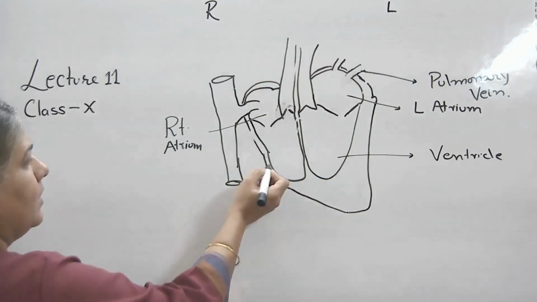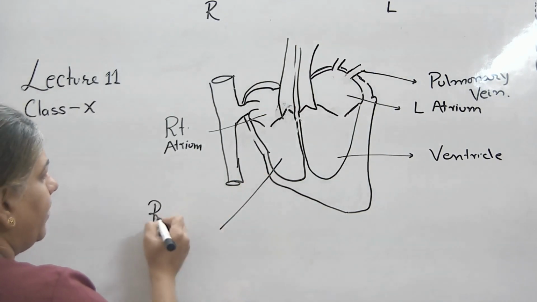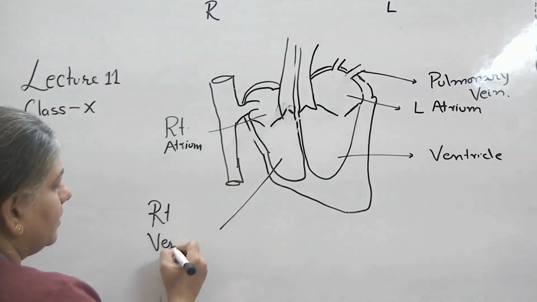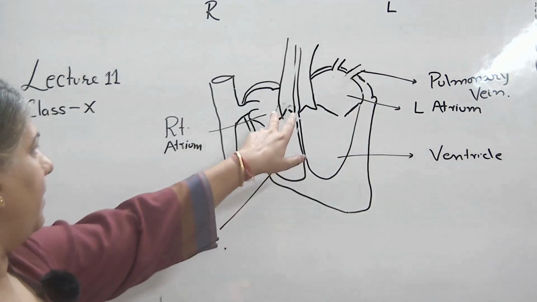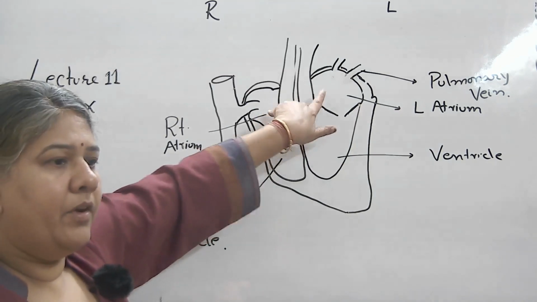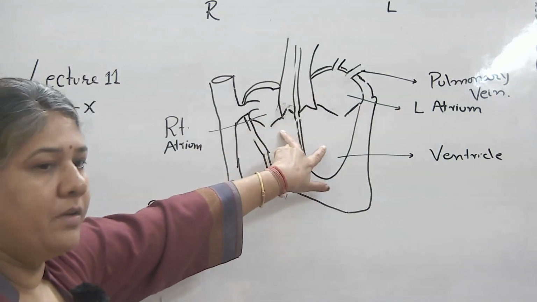This is the right ventricle. So the four chambers are these upper two atria, lower two ventricles.